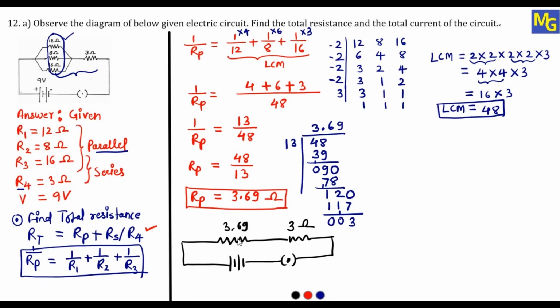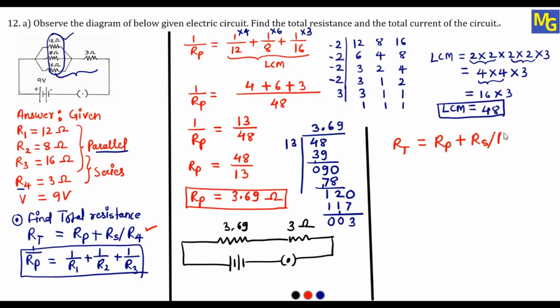Now you can see how it is looking. This effective resistance and this 3 ohm are both connected in series. If we use the series combination formula, we can easily find the total resistance. RT is equal to, what is the formula? RP plus R4, or I can take RS.